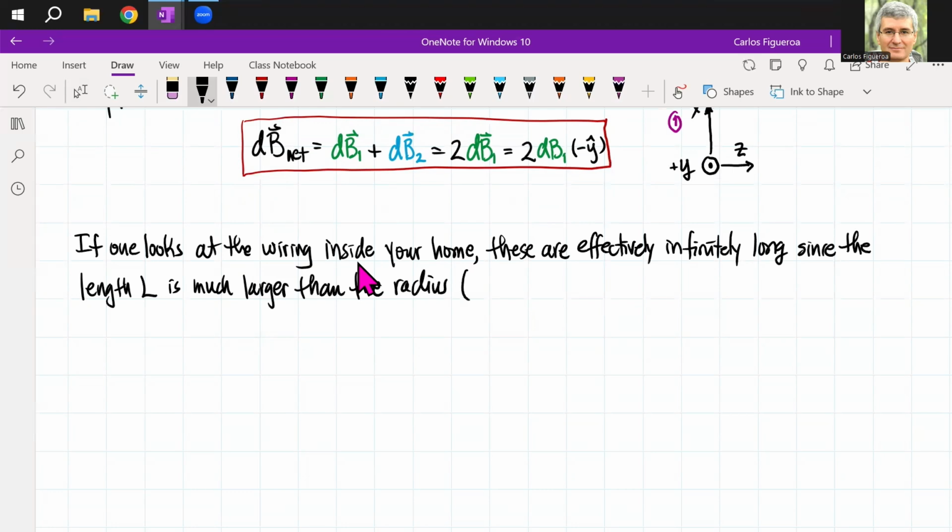In other words, L, a lot of the times, is much, much bigger than the radius.